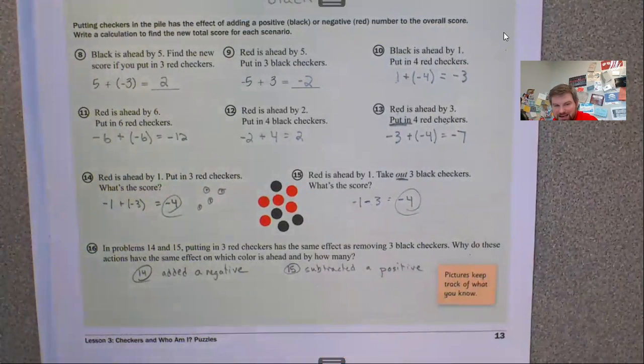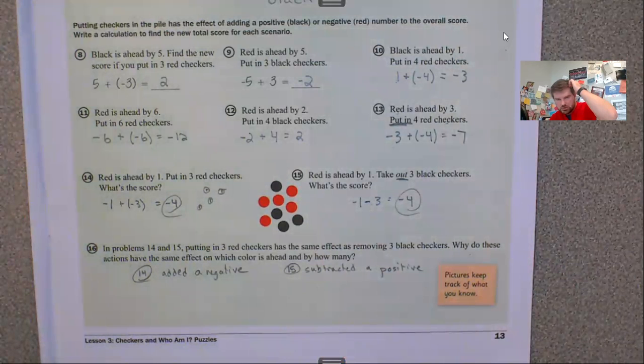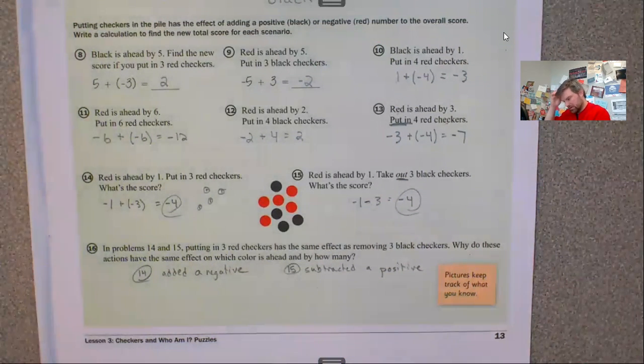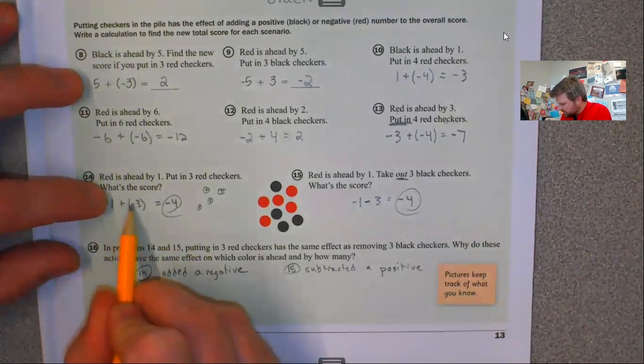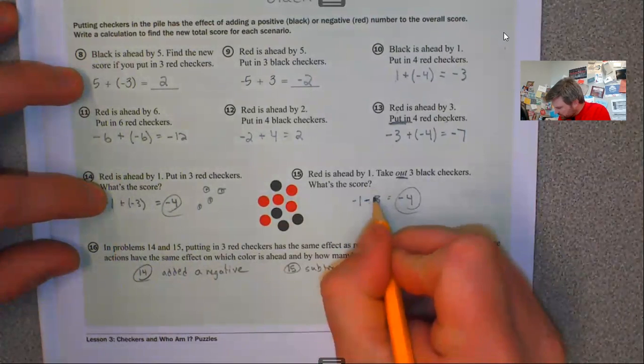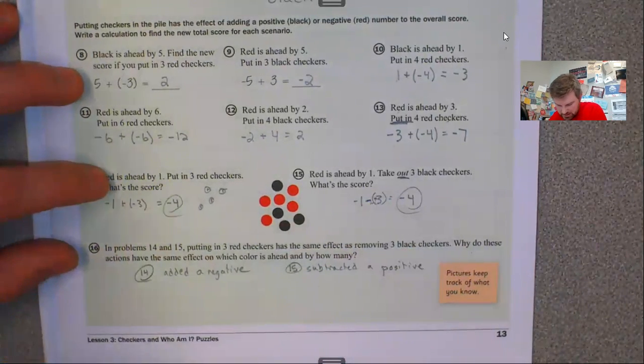Adding a negative number is the same as subtracting a positive of the same number. We can switch those 2 signs, but be careful with that. I don't want you thinking there are different rules, but I can switch these 2 signs right here, just in this case.